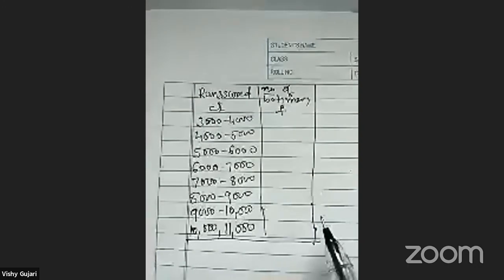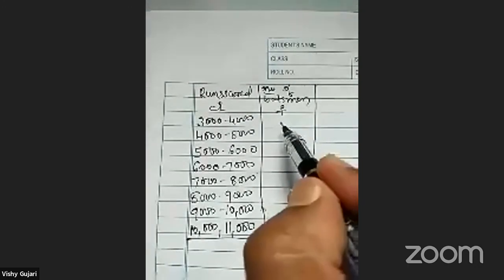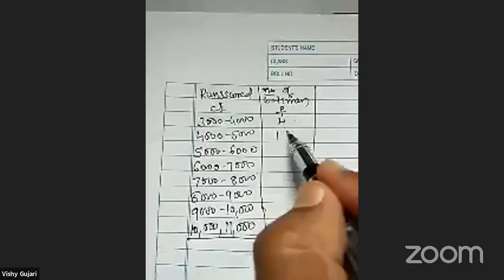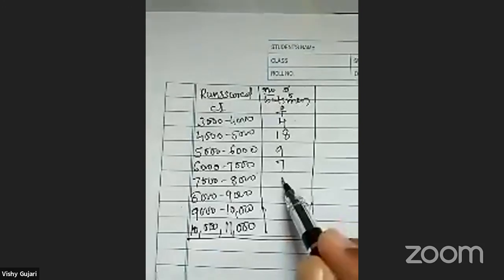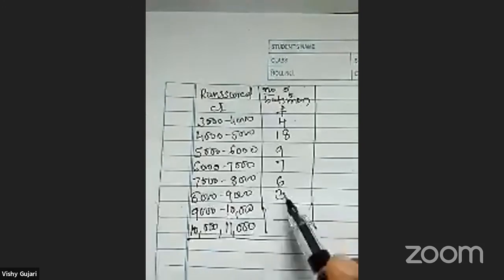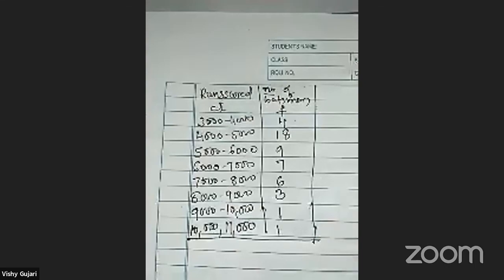The number of batsmen, which we are considering as frequency F: 4, 18, 9, 7, 6, 3, 1, 1.